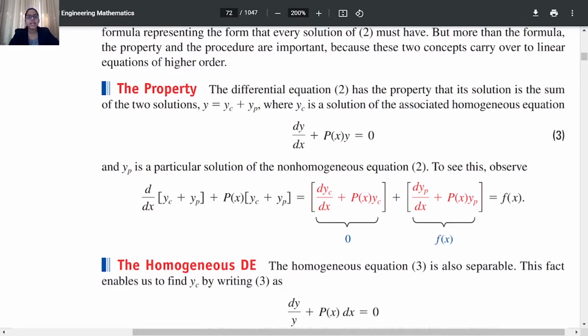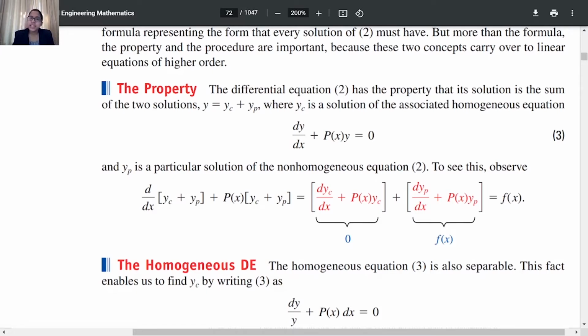All the solutions will be of the form y equals yc plus yp, where yc is the solution of the corresponding homogeneous equation. If you are given dy/dx plus p(x) y equals f(x), and I put f(x) as 0, I get the differential equation to be homogeneous.